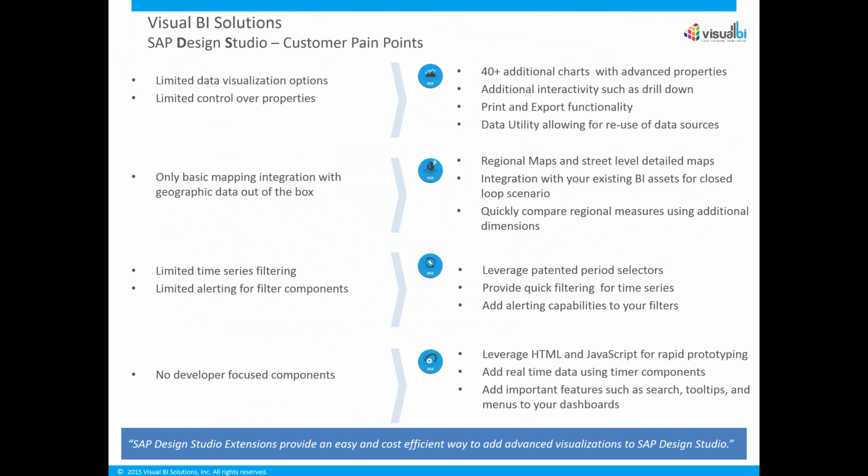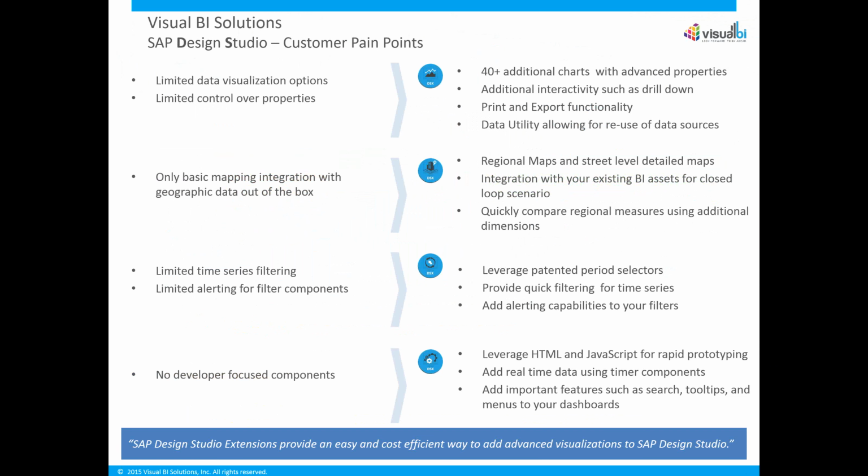In Design Studio right now you will notice limited visualization capabilities, and that's exactly where our charts come in. We give you the opportunity to add about 40 additional charts, and all our charts come with standard functionality such as drill down, print, and export. We also offer a data utility tool which allows you to reuse data sources for these charts, which helps specifically with performance.